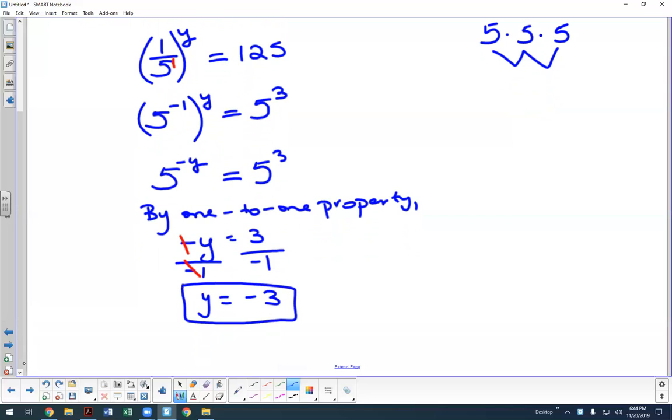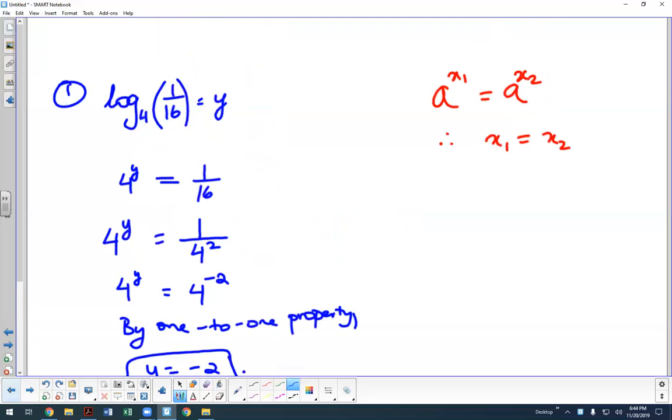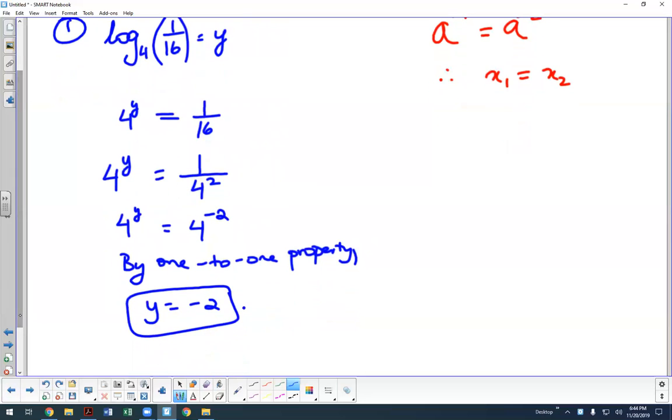So here's something you should notice. In that first example, I had base 4 and it was equal to 1/16, right? 1 on the numerator side, 1 was on the denominator side. When we have this fraction involved, we ended up getting a negative value for y, right?